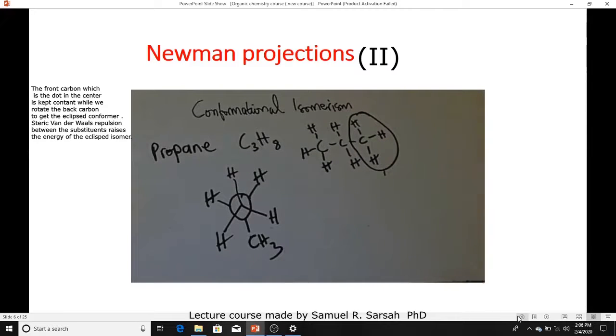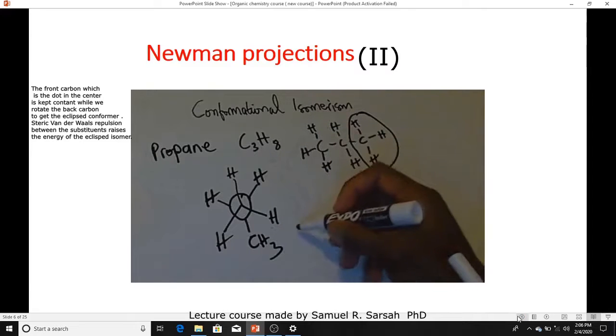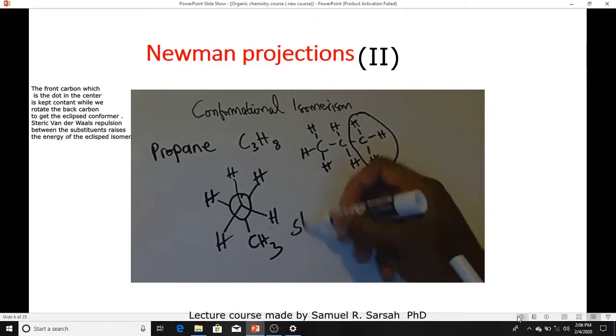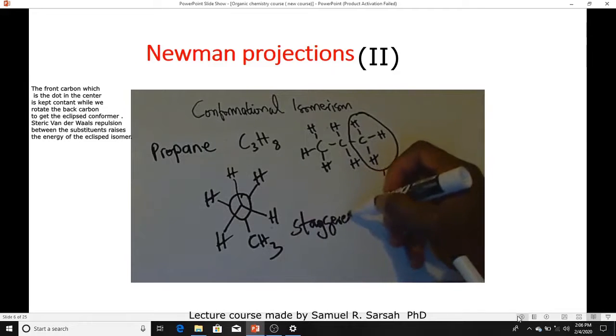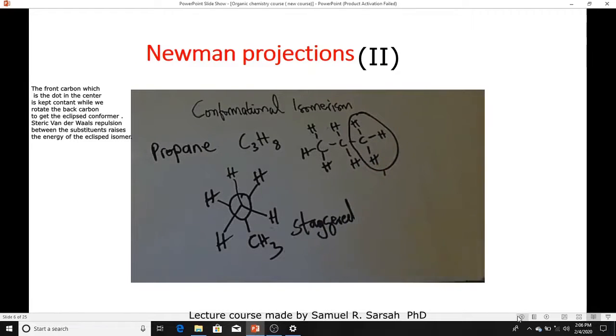Alright, this is obviously the staggered conformation. And then the eclipsed will just look like this.